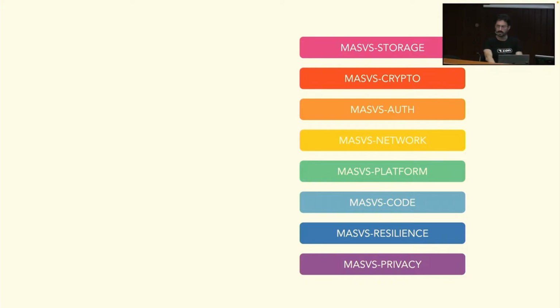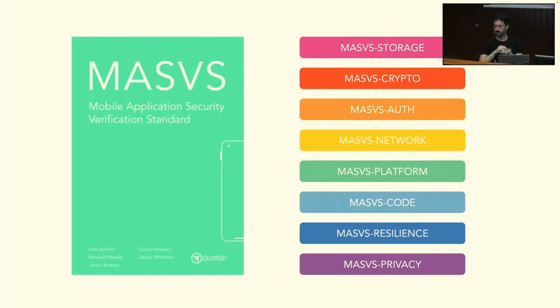So this is a standard. It's called the MASVS. This is the highest level of everything. It presents these categories and some very simple controls, like storage: you should store the app data securely. Crypto: following security best practices, and so on.